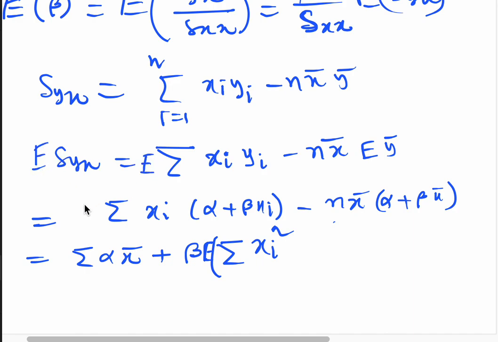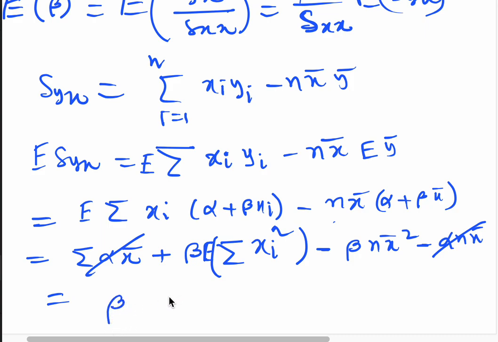So expectation of x square minus beta n x bar square minus alpha, this is expectation of alpha n x bar, so this cancels out, and this is beta expectation of, this is nothing but xx.